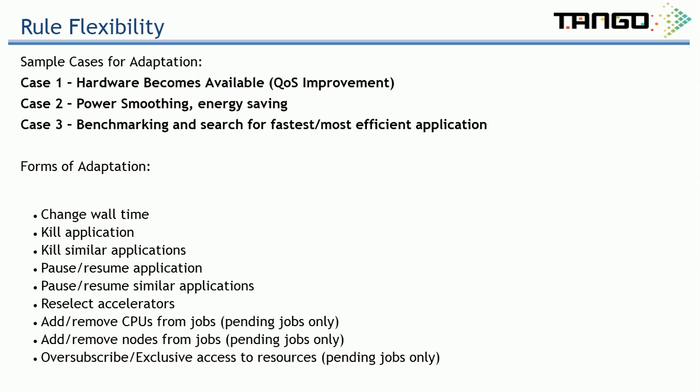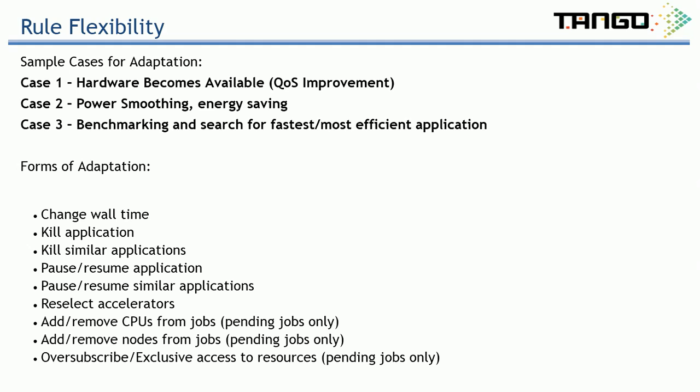We can also do other things such as power smoothing and energy saving. So we can start applying thresholds on given applications to ensure that no individual application is using too much power. We can pause applications when they do use too much power at a given time of day, and then we can awaken them later to run when there's less overall demand.